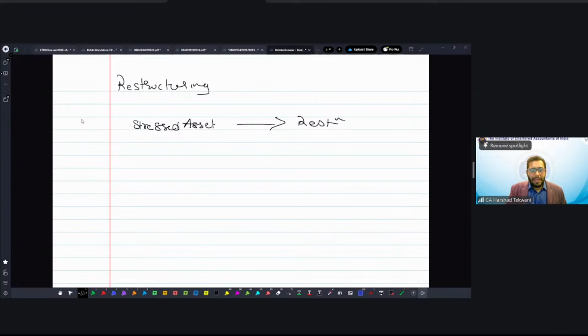Let's say, for example, in the earlier classification there was no default as of now. The earlier classification was standard. The borrower was facing financial difficulties, and the borrower came to the bank and said, I'm not able to generate the funds to pay this, and I see that in the future I am going to default.